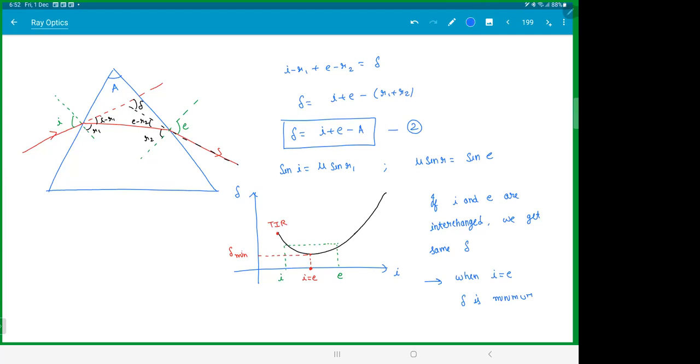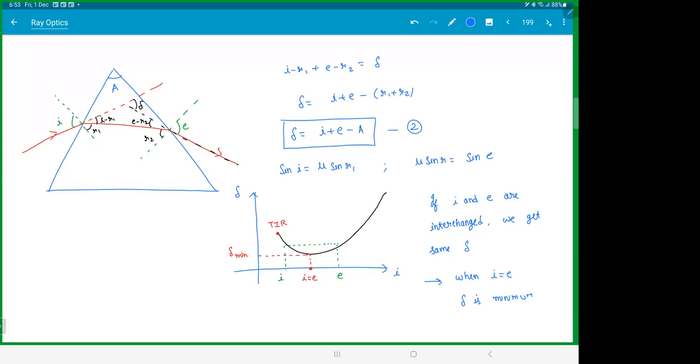Have a look at this. Clear? This is not a parabola.